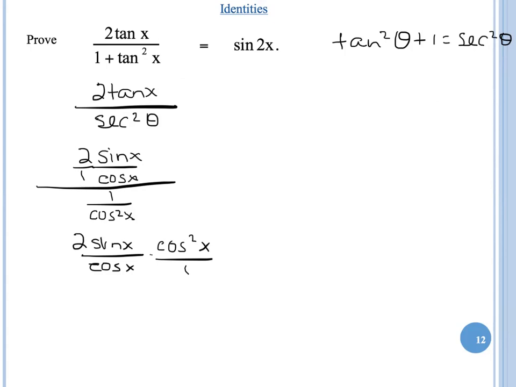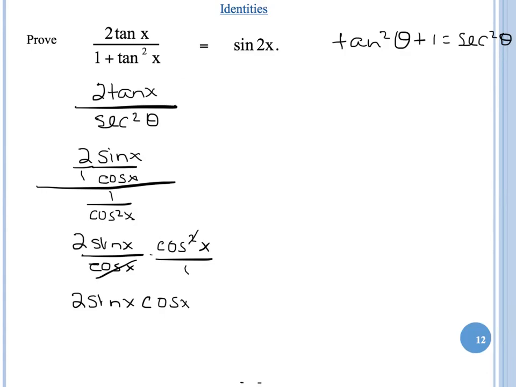And I have cosine in the denominator and cosine squared in the numerator, so I can cancel one of those. So I have 2 sine x cosine x.